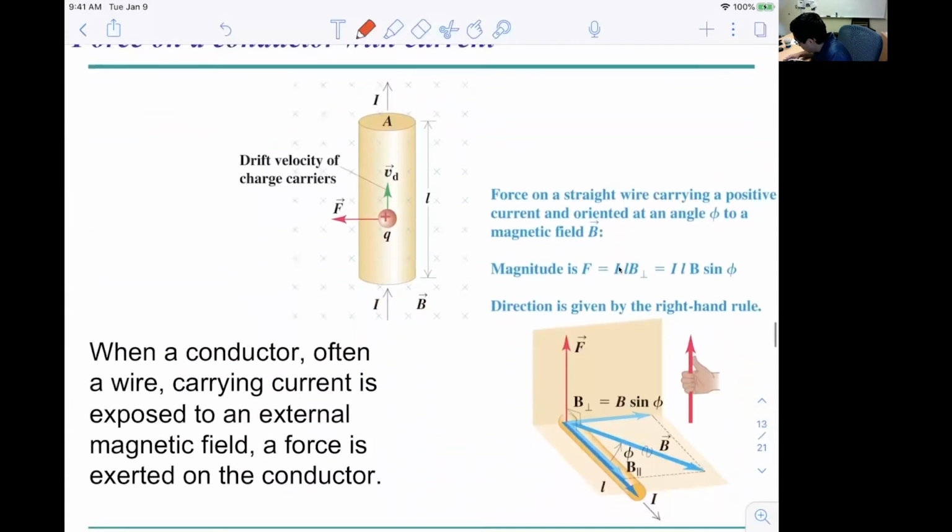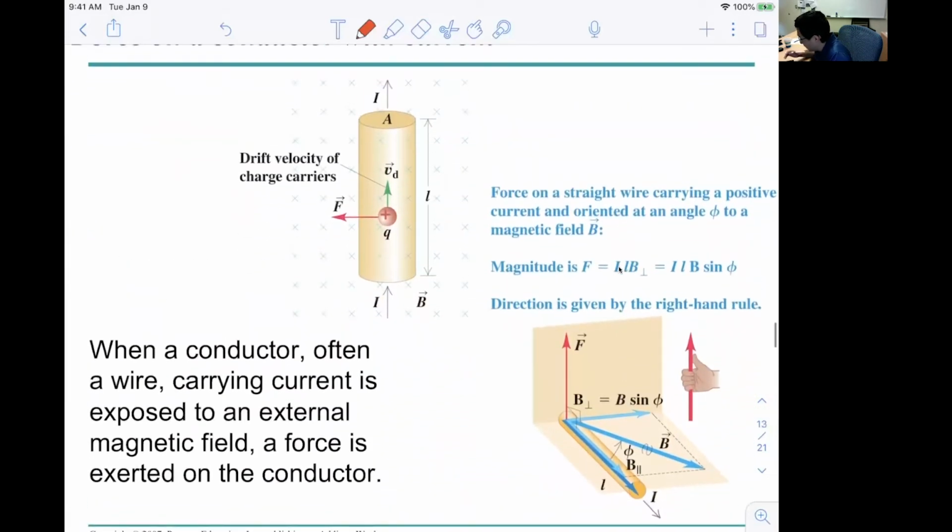The force on a wire is going to be given by F equals I, the amplitude of the current, times the length of the wire and the magnetic field. And again, we will have the sine theta term, the perpendicular component of the magnetic field, or you can also call it the perpendicular component of the current.